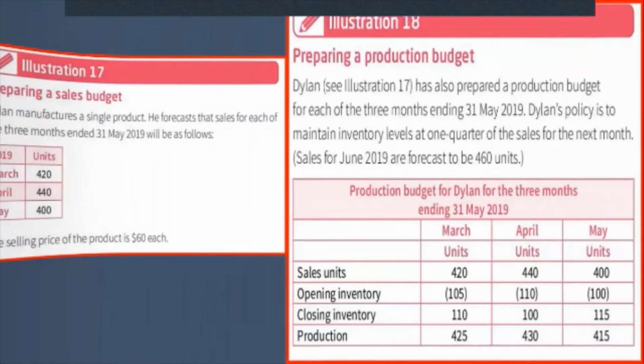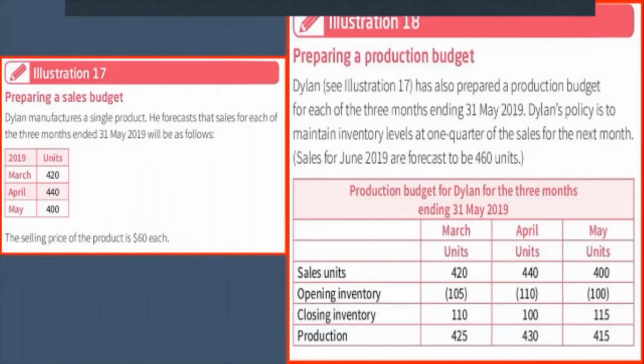All right. Let's look at budget. The same person, Dylan, manufactures a single product. He forecasts that the sales for each of the months ended will be, and we have the figures here again. Dylan, see illustration 17, that is this year, has also prepared a production budget for each of the 3 months ended 31st May 2019.